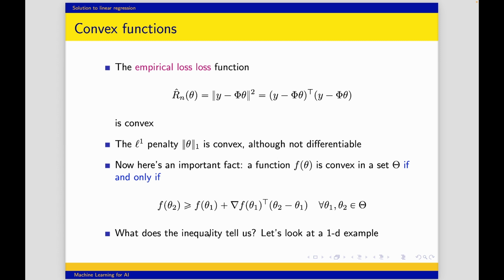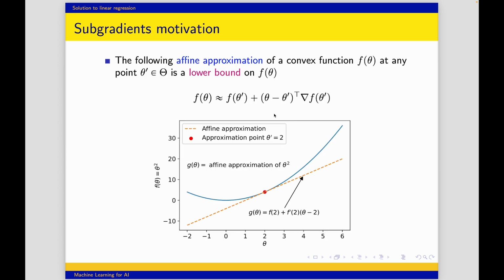So what does this inequality tell us? Let's be a little bit more precise via a 1D example. It's telling us that this affine approximation, so this is the bias term and this is the linear part of our function f of theta, at some point theta prime, is a lower bound on f of theta.